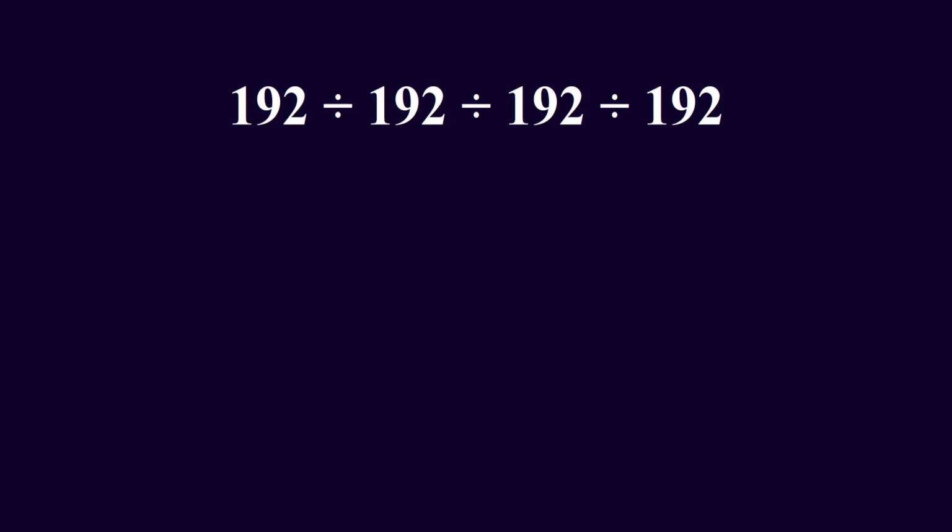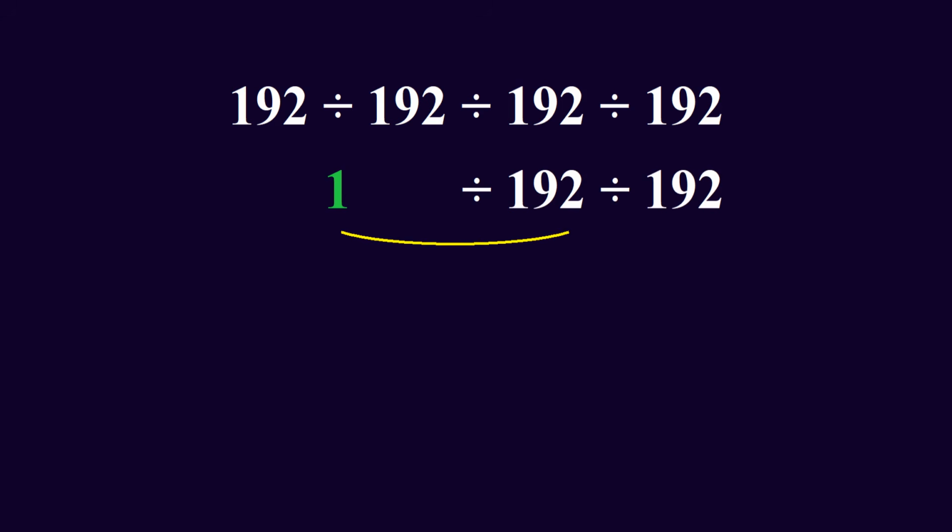So we have first this division, 192 divided by 192 equals 1. So we have 1 divided by 192 divided by 192, and we can write this part as 1 over 192 divided by 192.